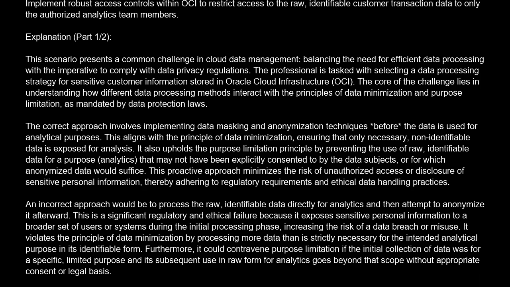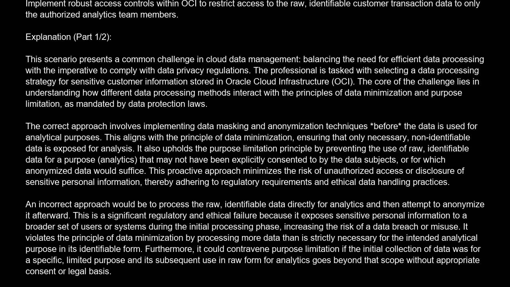It violates the principle of data minimization by processing more data than is strictly necessary for the intended analytical purpose in its identifiable form. Furthermore, it could contravene purpose limitation if the initial collection of data was for a specific, limited purpose, and its subsequent use in raw form for analytics goes beyond that scope without appropriate consent or legal basis.